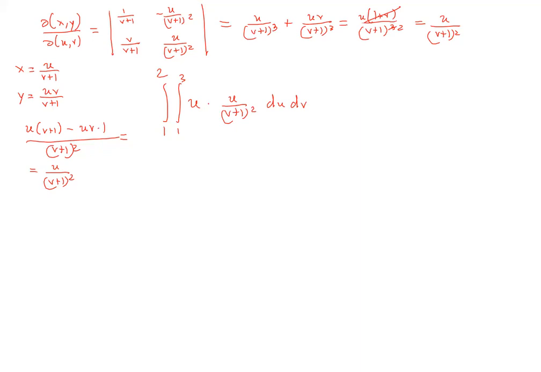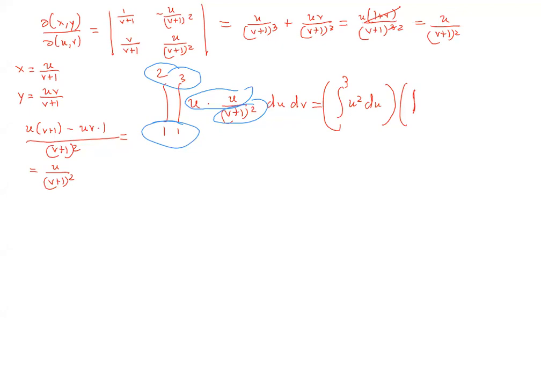That we can write it as a product of two integrals, one in u, one in v, because the endpoints are constant, and the integrand is a product of two quantities, one that contains just u and one that contains just v. So this will be equal to the integral from 1 to 3 of u squared du times the integral from 1 to 2 of dv over (v plus 1) squared.